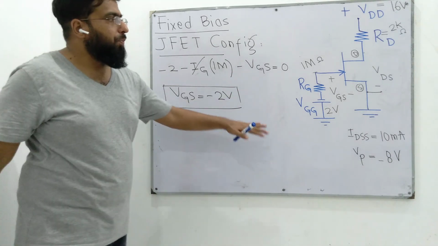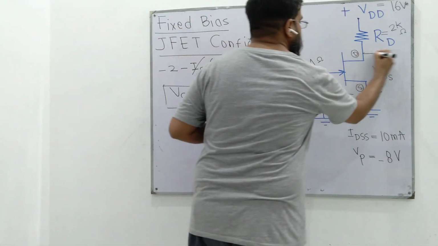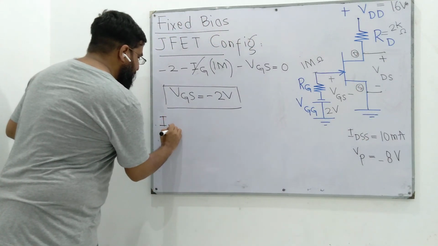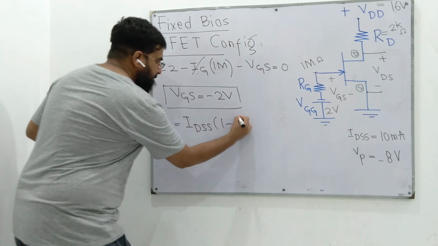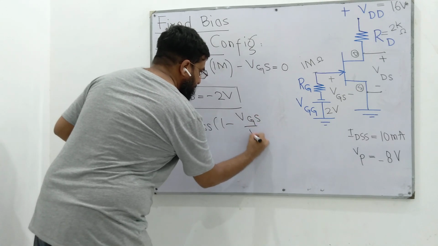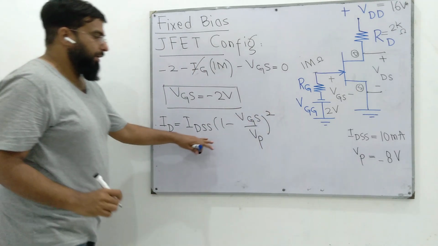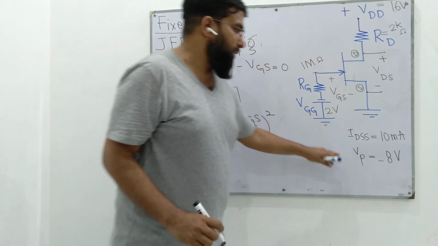Right. Before we write the output loop equation and find VDS, the voltage between drain and source, we have to apply Shockley's formula to find out the value of ID. The IDSS and VP are parameters taken from the datasheet.